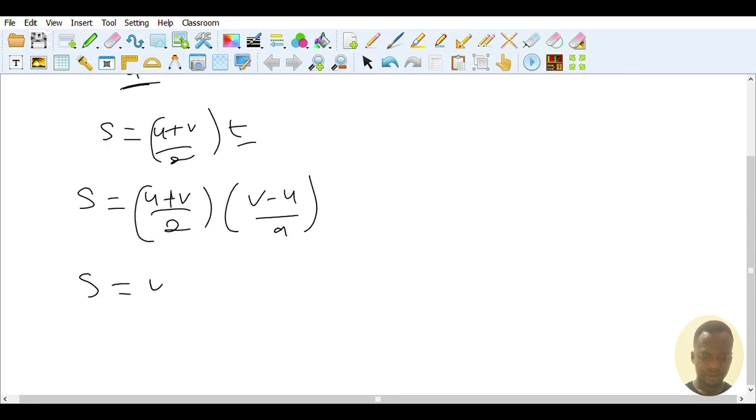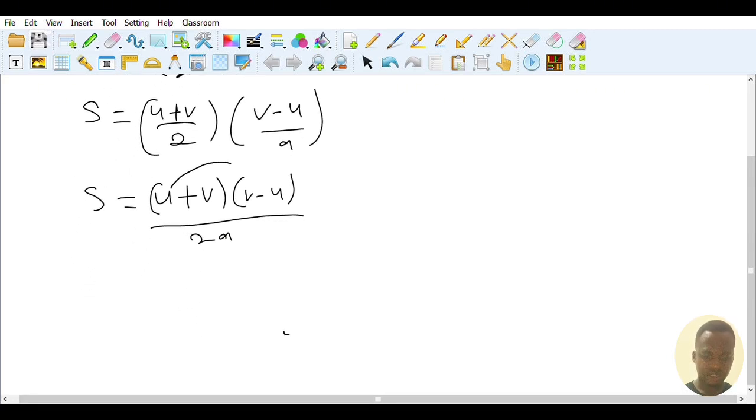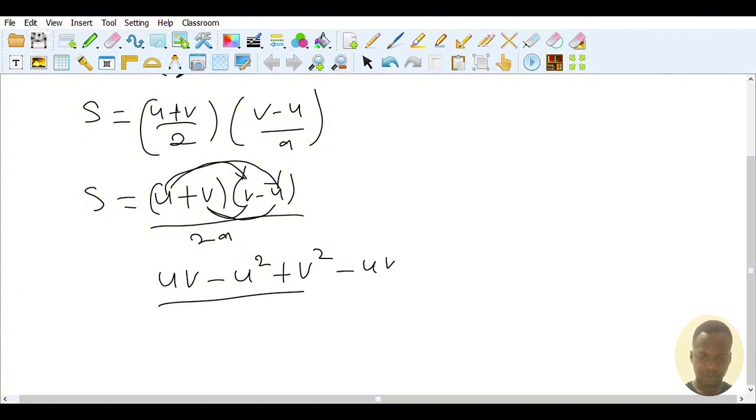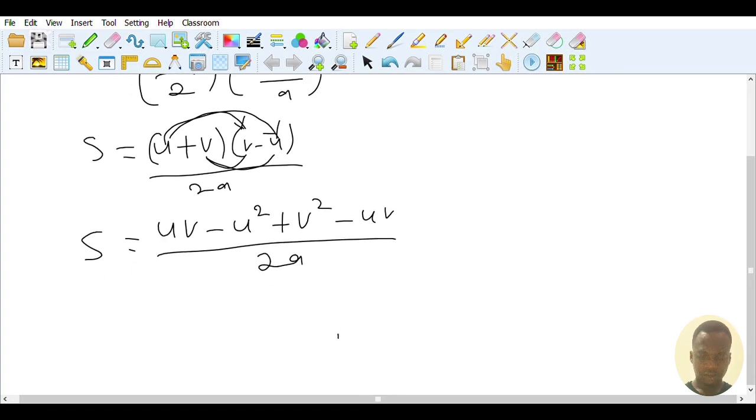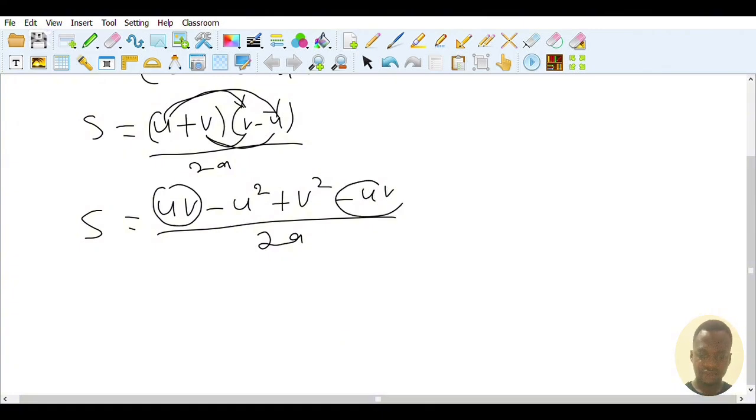This means U plus V multiplying V minus U, all over 2 multiplying A. If we open up the bracket, U multiplies V, you have UV, then U multiplies minus U, you have minus U squared. And then V multiplies V, you have plus V squared, and V multiplies minus U, you have minus UV, all over 2A. That will be equal to S. So you can see UV minus UV, that's 0.